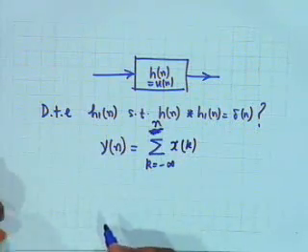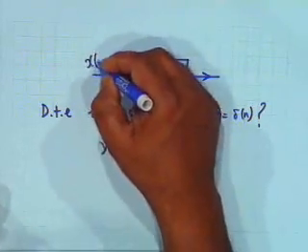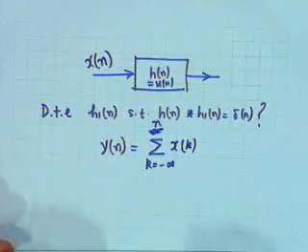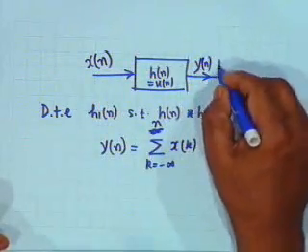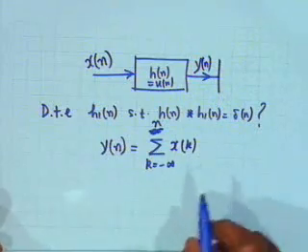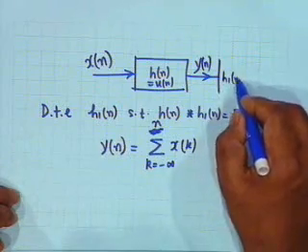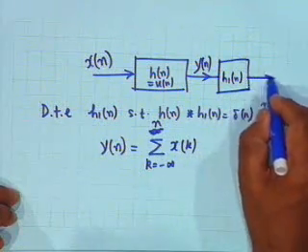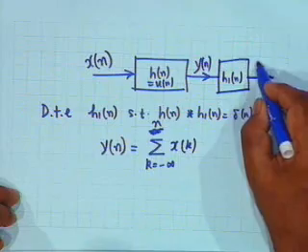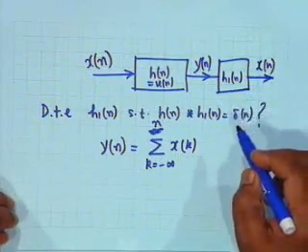You notice that if I input an x of n, I get a y of n, and if there exists an h1 of n, that is if the system is invertible, then by applying h1 of n, I should get back x of n. So the question now can be reframed like this. Can I, from a given y of n, recover x of n? That will answer the question, isn't it?